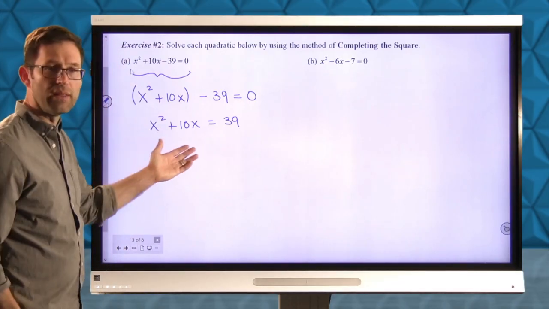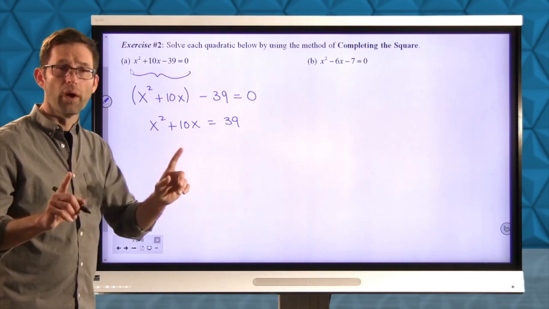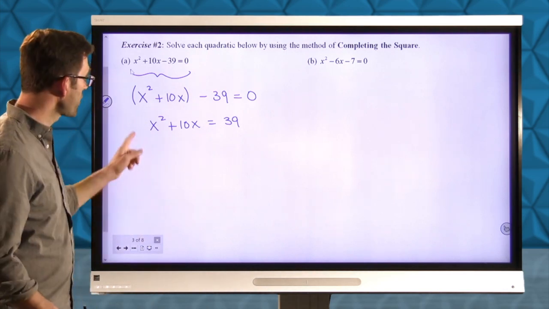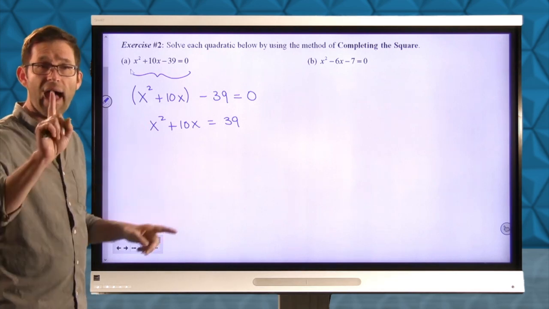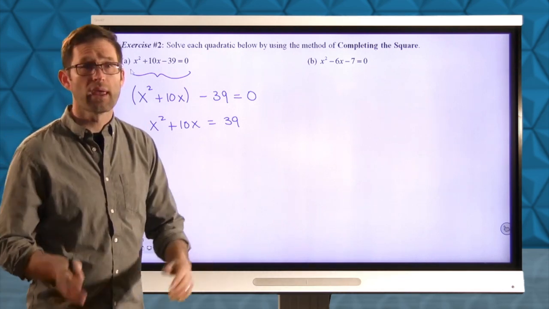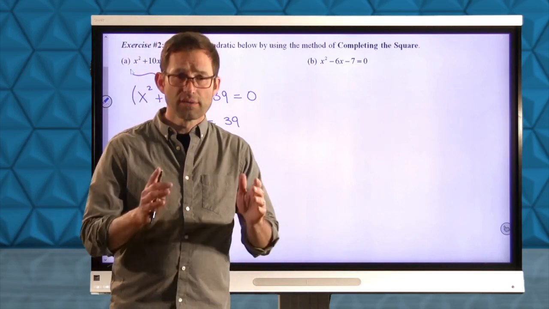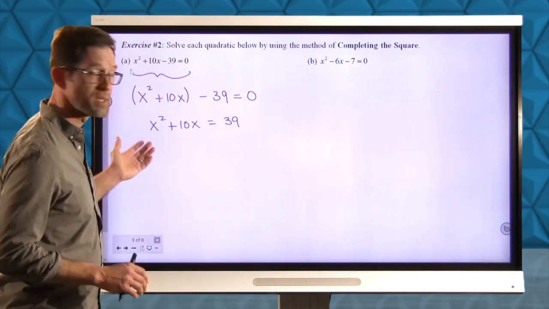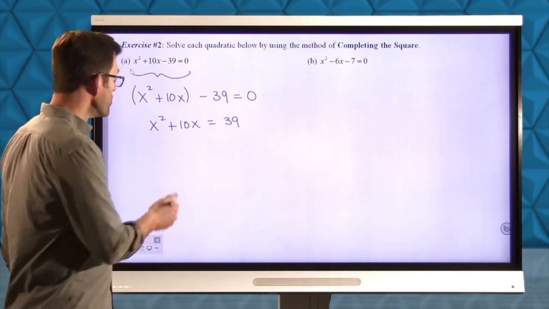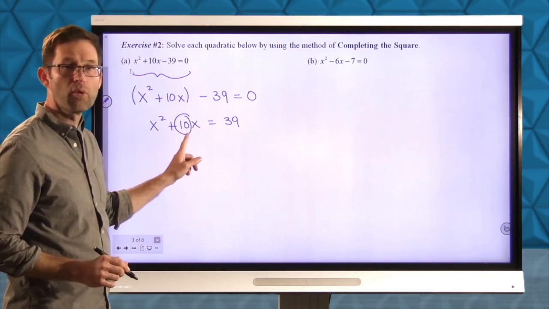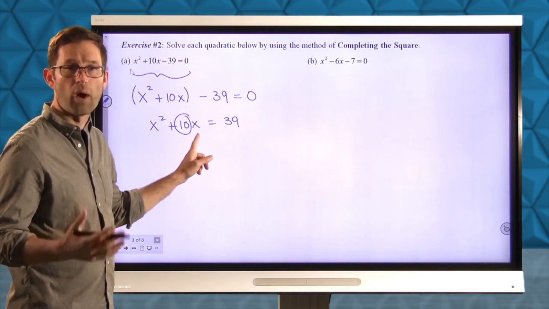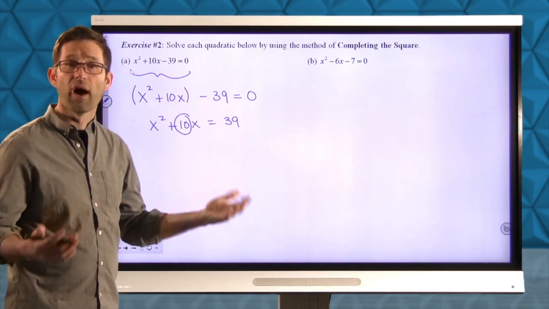Now, how do I complete the square on this? Number 1, in order to complete the square, the coefficient on the x squared or y squared or whatever squared term has to be equal to 1. It can't be 2, it can't be 5, it can't be 22. It's got to be equal to 1, which in this case it is. Then you take the coefficient of the linear term, the number that's multiplying x to the first or y to the first, and you divide it by 2.